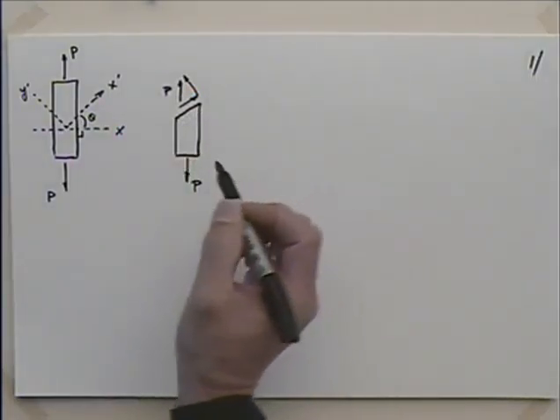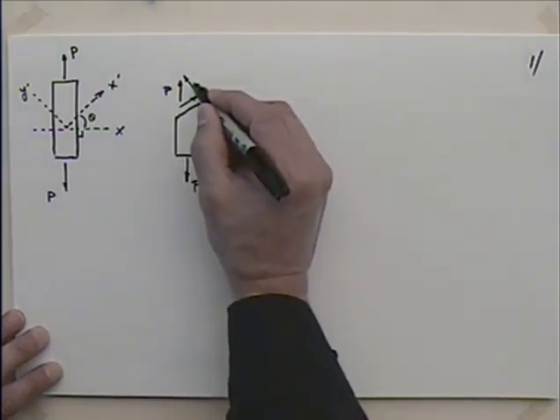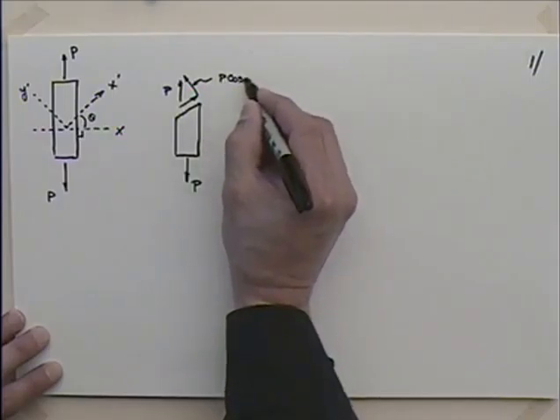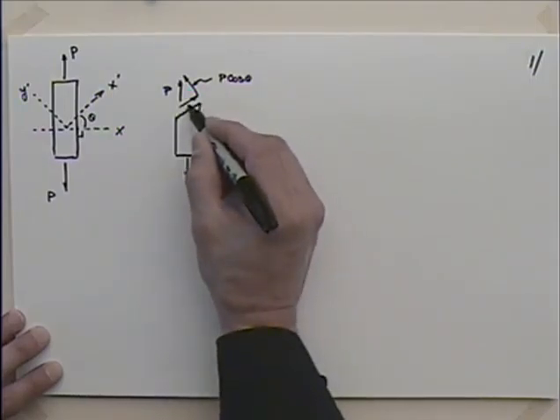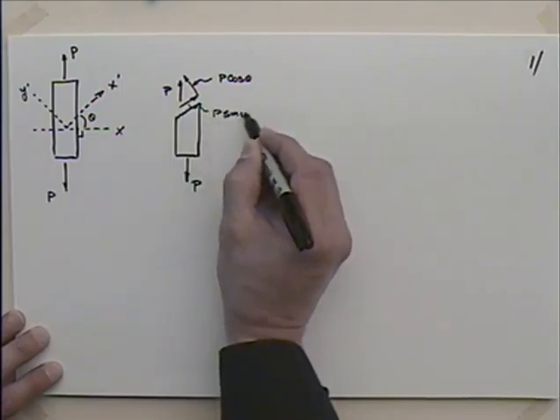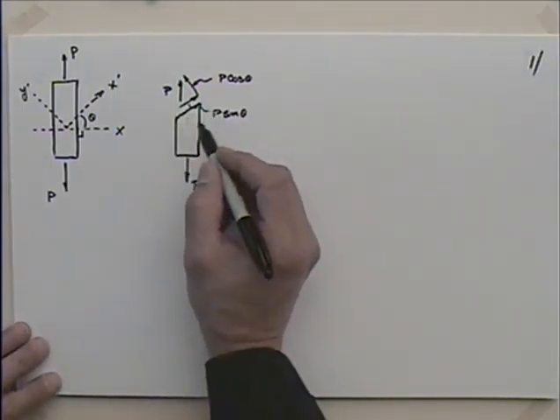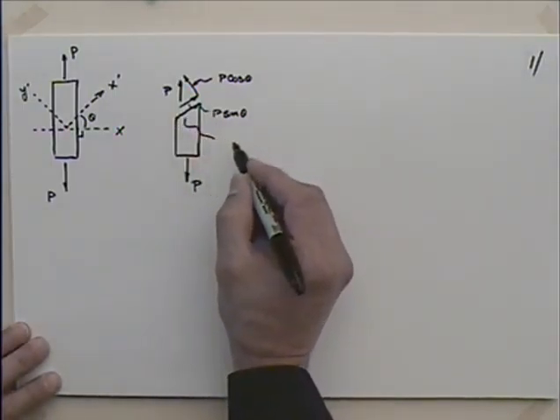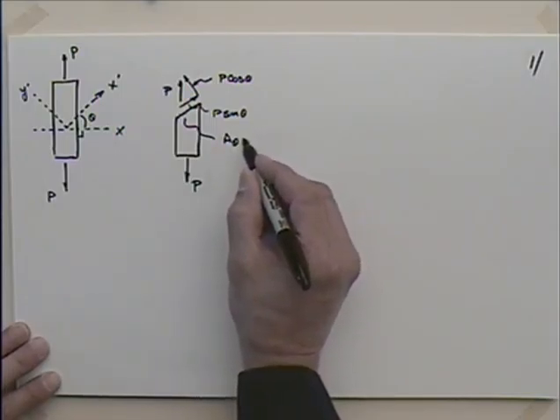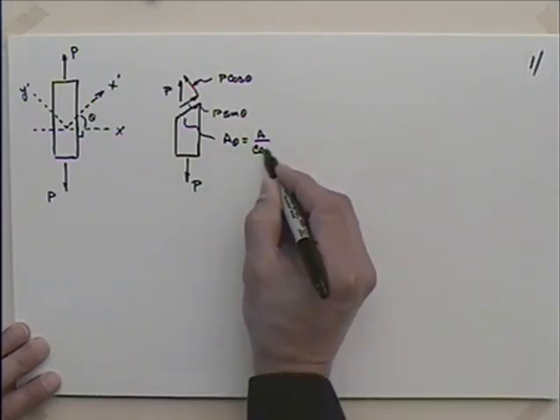If I resolve them, this one would be P times the cosine of theta, whereas this one here would be P times the sine of theta. And then I also have to account for this area. The area here, A sub theta, is going to be equal to the original area, A, divided by the cosine of theta.